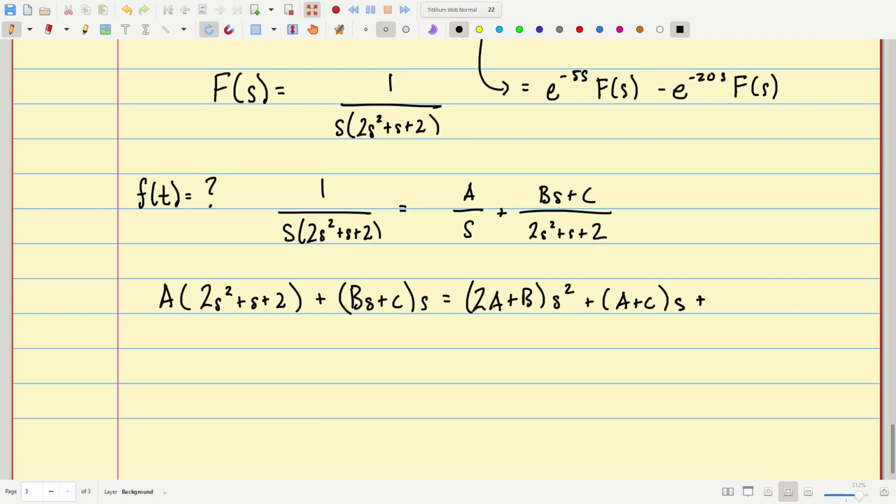And then the third thing is going to be the stuff that's constants, which is just 2a. All right. Now, if the algebra for doing that way is going to cause you to make mistakes, don't do it this way. Just multiply it all out, and then group. Okay.